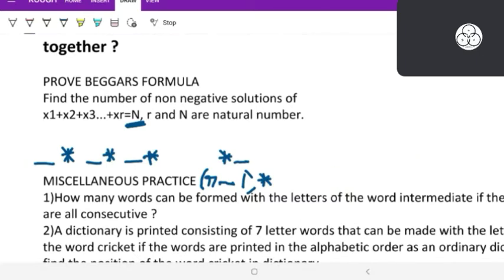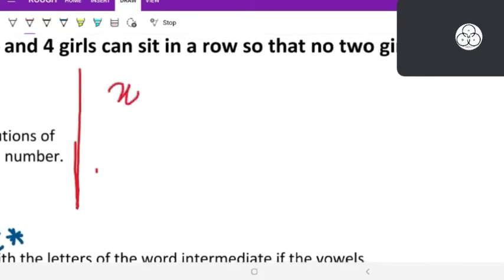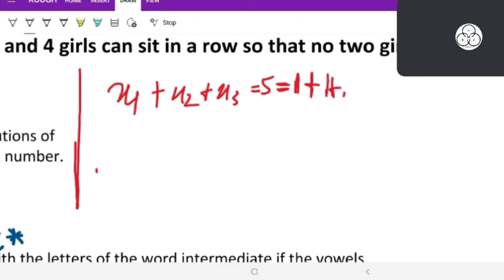Just see a small example. Say we have x1 plus x2 plus x3 equals 5, which is nothing else but 1 plus 1 plus 1 plus 1 plus 1. 5 ones are there.